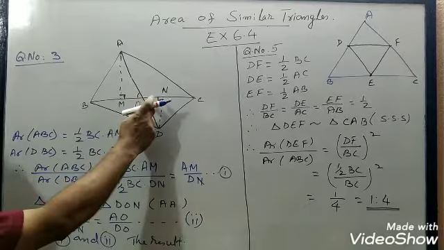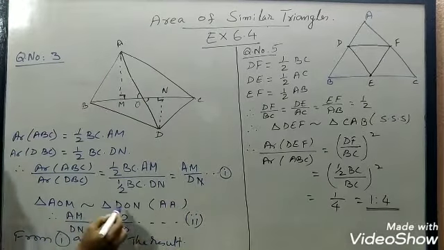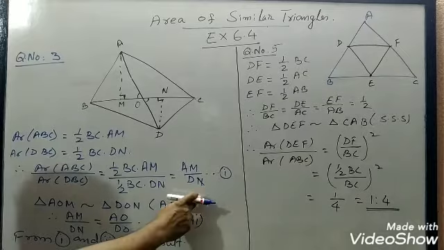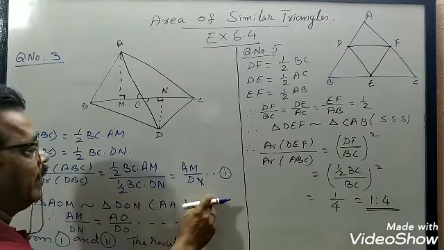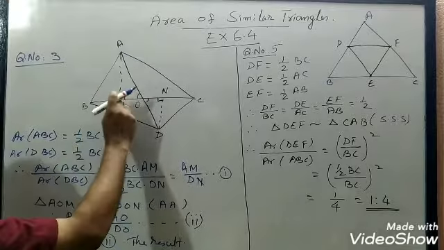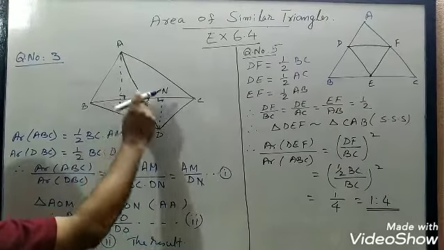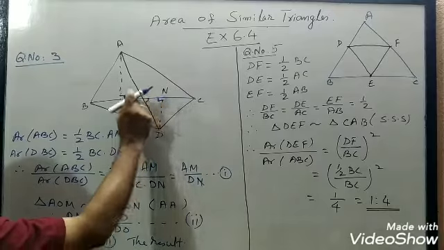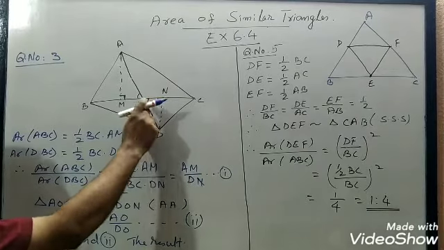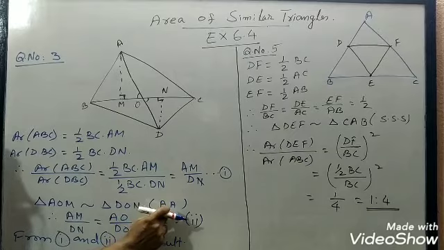So by AA similarity, we can show that AOM is similar to DON. You have to write the reason: in these triangles, angle AMO equals angle DNO equals 90 degrees and angle AOM equals angle DON, vertically opposite angles. Then you have to write AOM is similar to DON by AA similarity.